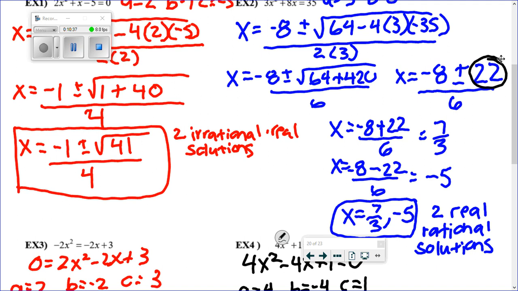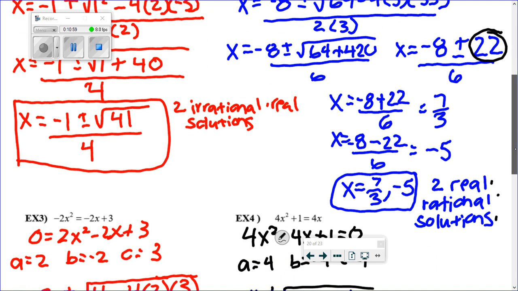And those two solutions, remember, were two real rational solutions. So think about the difference between question 1. This was irrational. We could not take the square root of 41. That's why number 2 is rational. We can take the square root. Think about rational numbers.